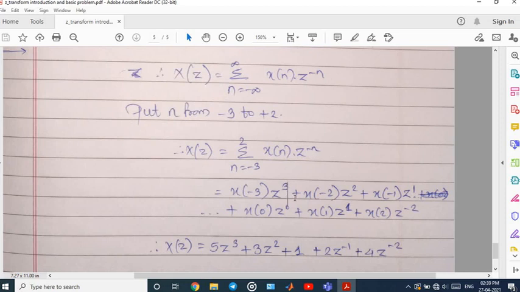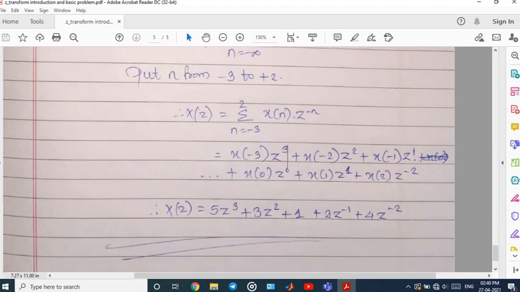Okay, so again same, minus 2, this will be z square, minus 1 z to the power 1, then x of 0 z to the power 0, x of 1 z to the power 1, x of 2 z to the power 2. Just put the values of this sequence.